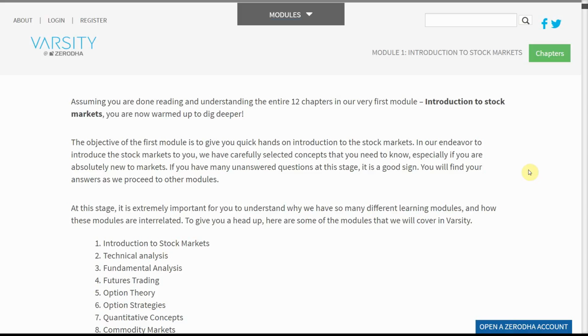At this stage, it is extremely important for you to understand why we have so many different learning modules, and how these modules are interrelated. To give you a heads up, here are some of the modules that we will cover in Varsity.